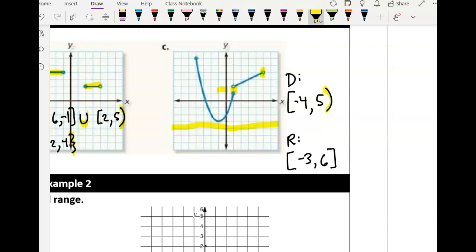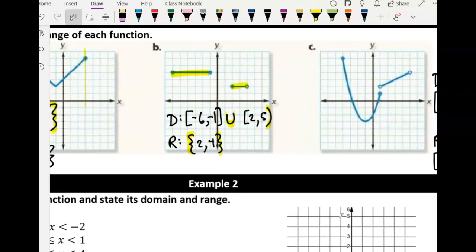And we keep going up, and again, there's a gap right there, but this quadratic portion of the graph is covered, so we can continuously go, right? All of these y values are accounted for by either the quadratic portion or the linear portion, okay? So that's how you interpret the domain and the range from a piecewise function.